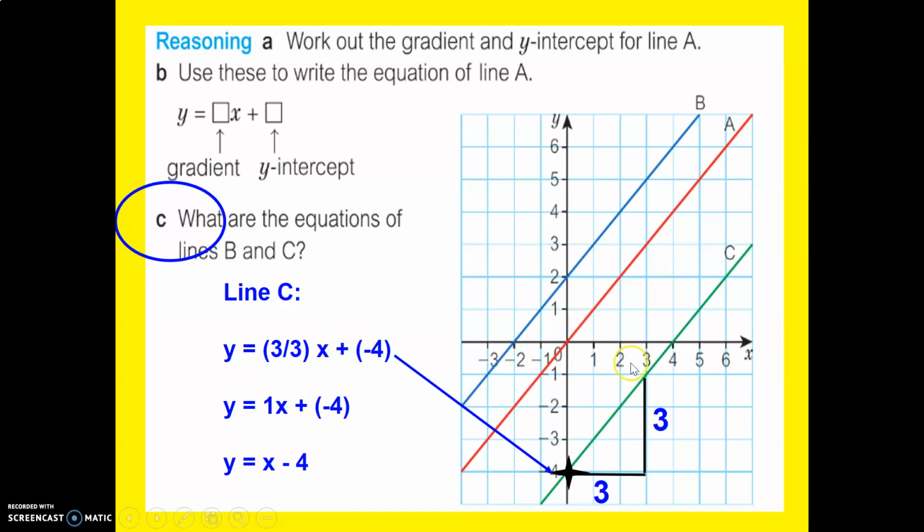So line C, again, draw a triangle. As you can see, the height is 3, the base is 3, therefore the gradient is 1. And the y-intercept is where the green line crosses the y-axis, which is at -4. Therefore, the equation of line C is y equals x minus 4.